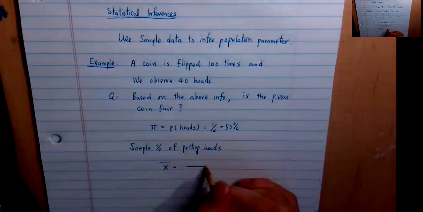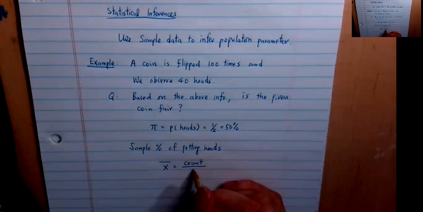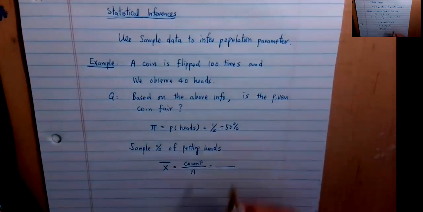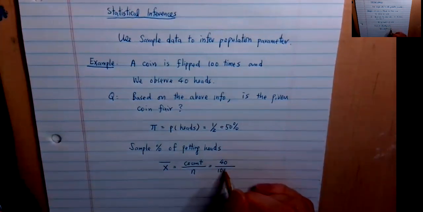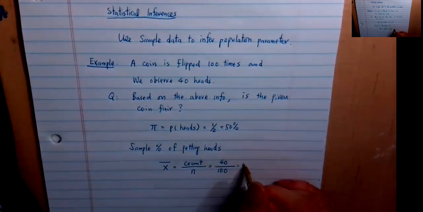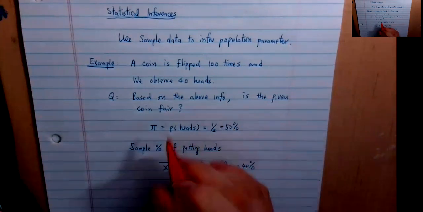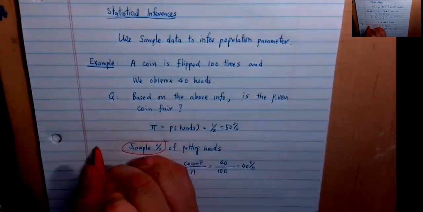It's the sample total divided by the sample size. We flip the coin 100 times, we see 40 heads out of 100. So the sample percentage is 40%. This sample percentage is called a statistic.